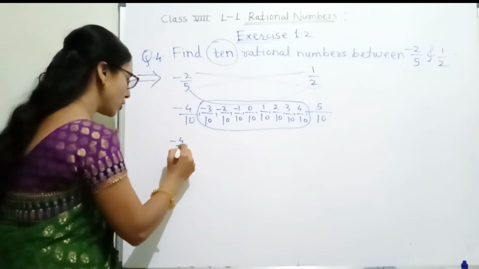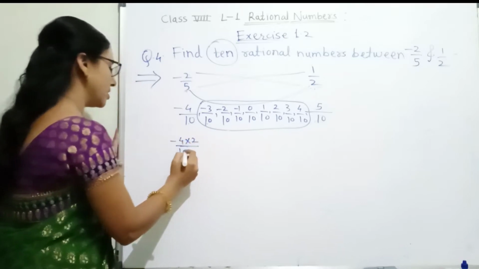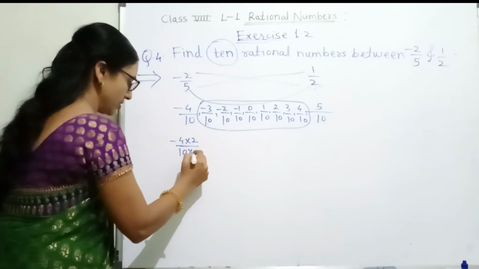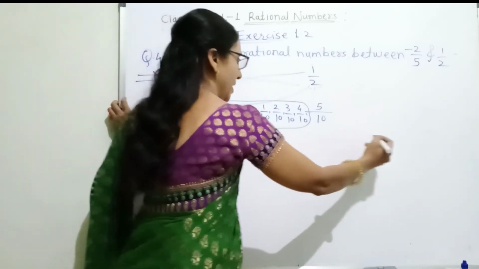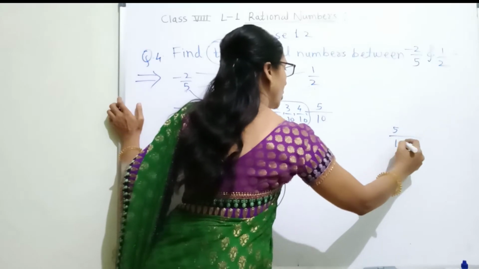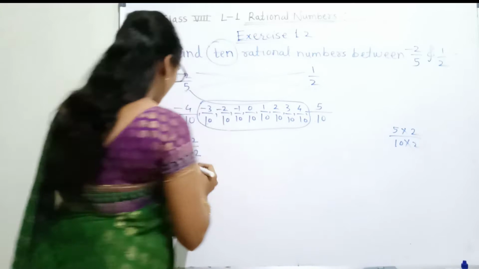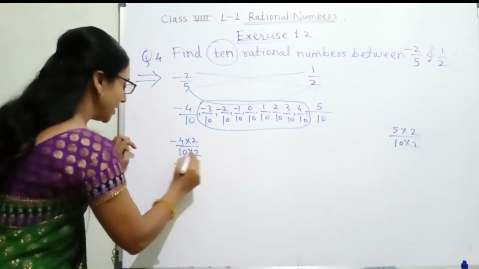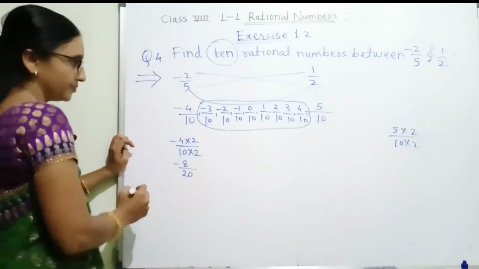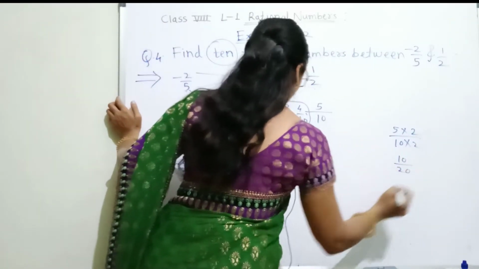Multiply minus 4 by 10: multiply denominator by 2 and numerator by 2. Here also multiply denominator by 2 and numerator by 2, and we get 4 twos are minus 8 and 10 twos are 20. Here also 5 twos are 10 and 10 twos are 20.